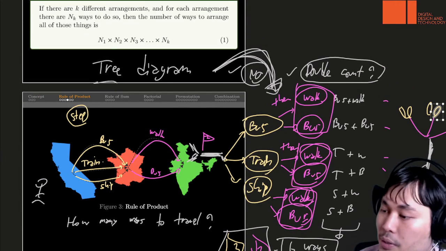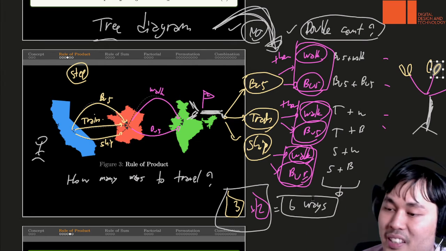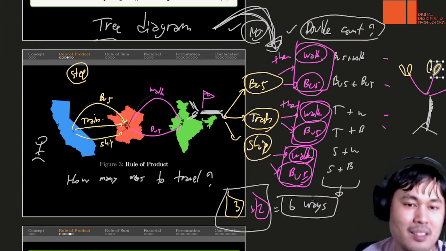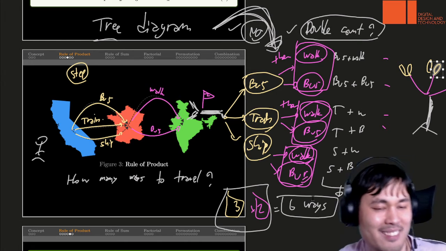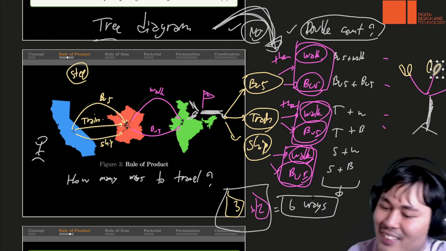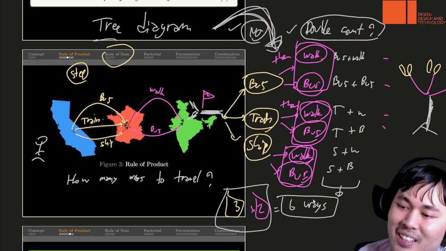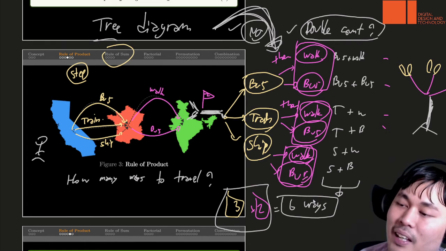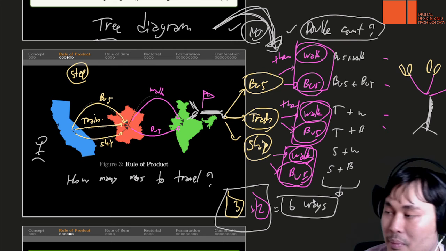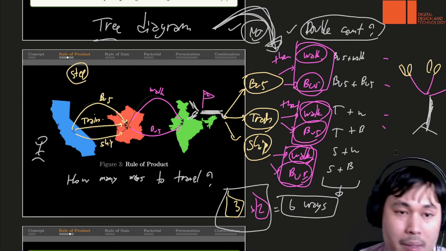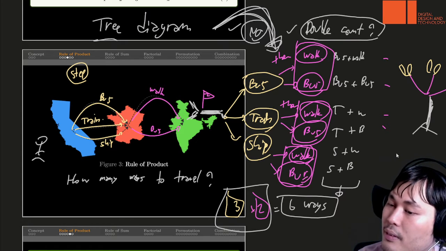So here is how you count and how you use this rule of product. But before we move on to the definition, we have to ask when do we use this rule? Can we just use the rule of product everywhere? Of course not, because otherwise we wouldn't have the name rule of sum if everything on earth could be handled with the rule of product. There must be some requirements, and there are two.